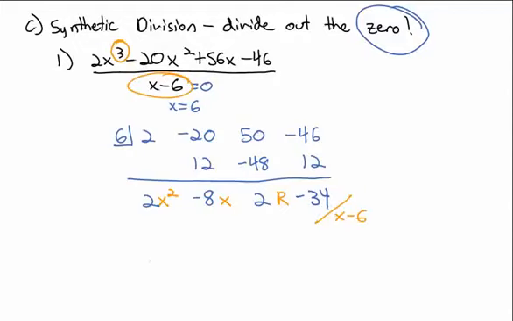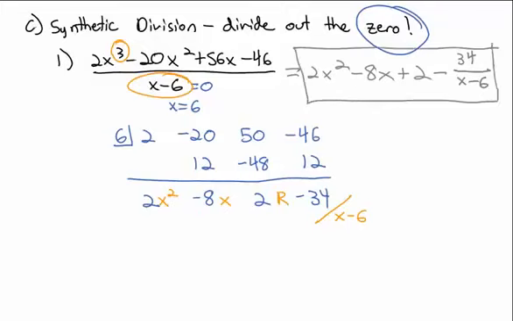So to clean it up, what we get is 2x squared minus 8x plus 8 plus 2 over x minus 6. We have synthetically divided out the x minus 6. I love this method because it is so much easier than long division.